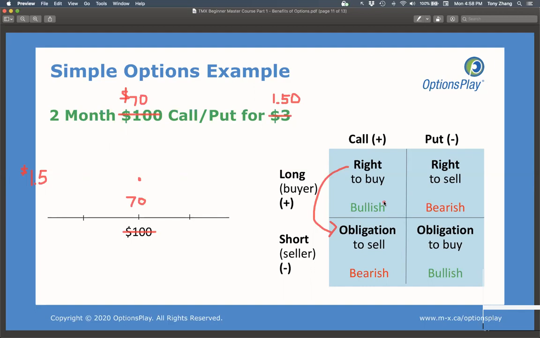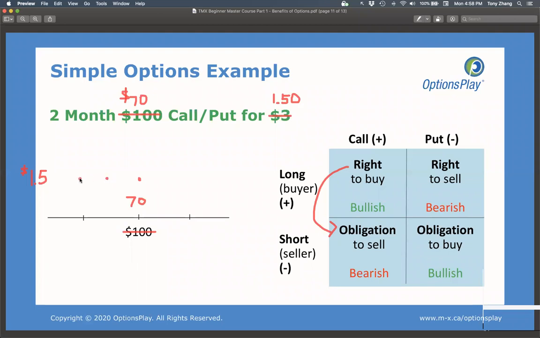And that statement is true for any price below 70, because guess what? No one is going to force me to sell at $70, have the obligation for me to sell it to someone for $70, when they can buy it on the open market for a lower price, right? So I don't have the obligation to sell to someone at $70 for any price below $70.